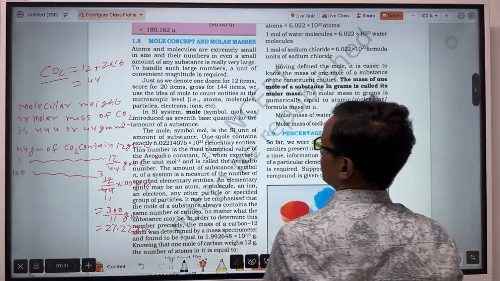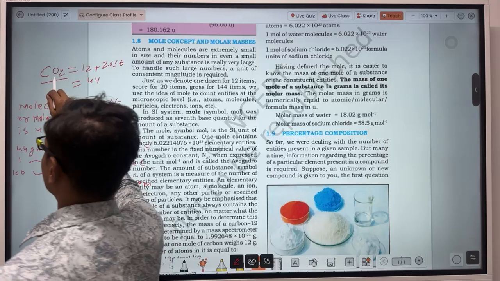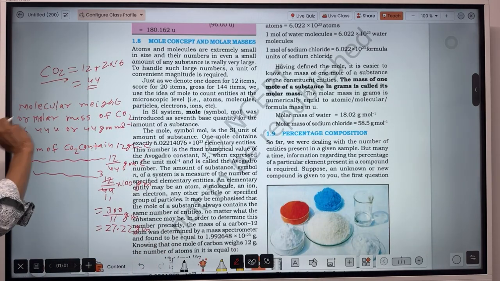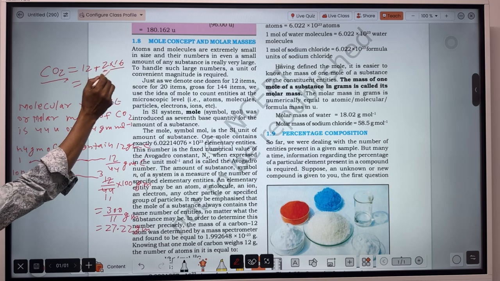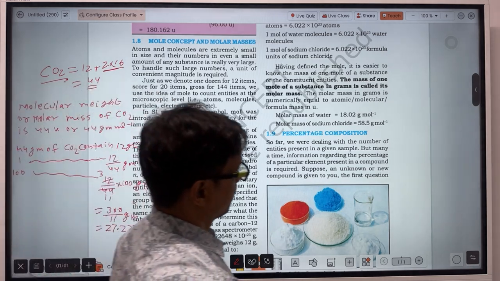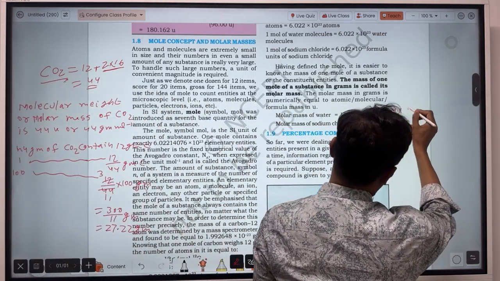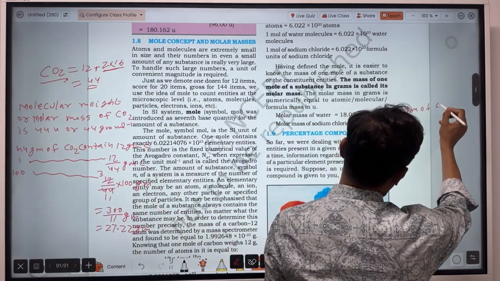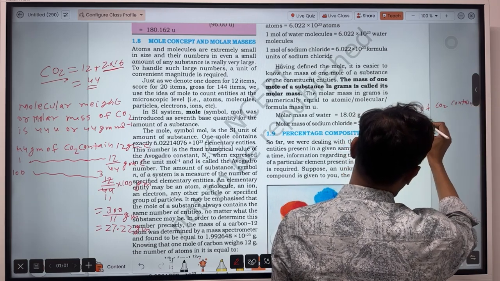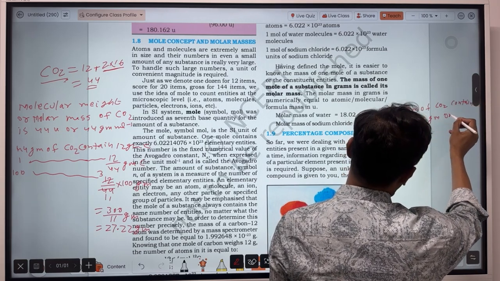So let's see here again. In CO2, oxygen is how much? When the molecular weight of CO2 is 44 U, and the weight of oxygen is 32 here. So that means 44 gram of CO2 contains how much? 32 gram oxygen.